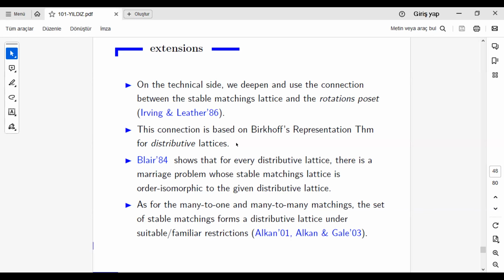By the way, the lattice can be huge in number, and this poset much fewer in cardinality. And this we see in the stable matching lattice. It turns out that in one-to-one matching, the stable matching lattice is distributive. So the Birkhoff representation theorem works here.